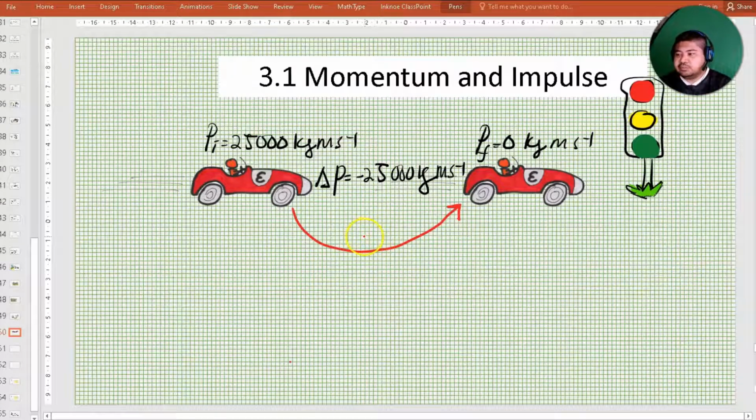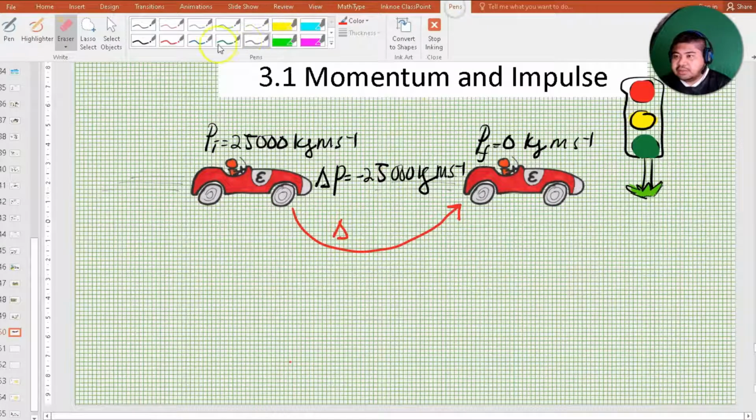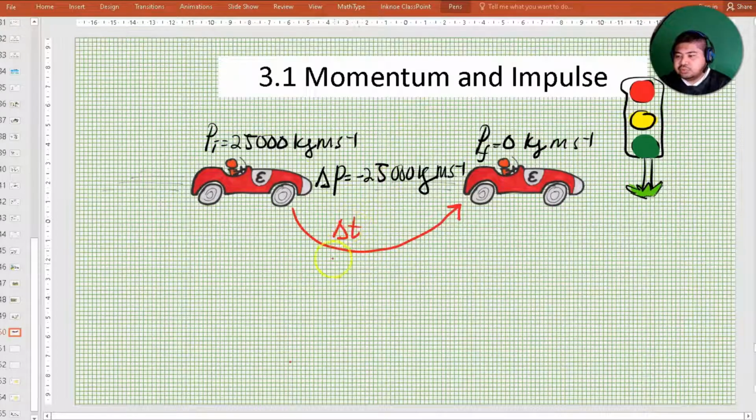So we have delta t, the time taken for the change to happen. The time for the car to come to a stop is either very short, or it can be very long.